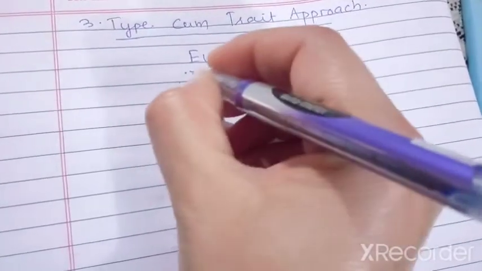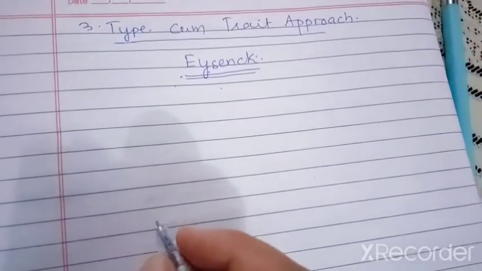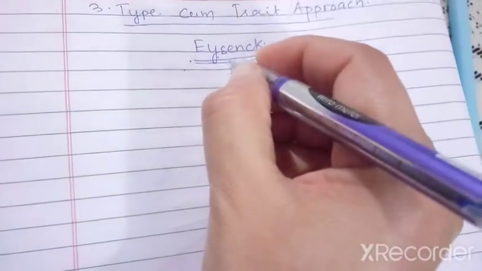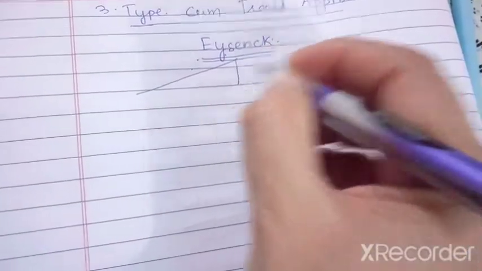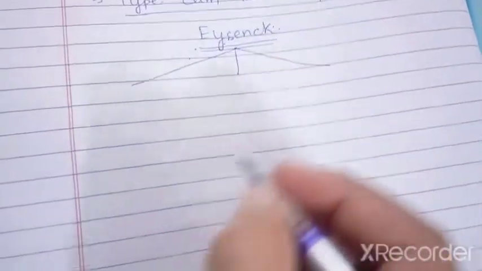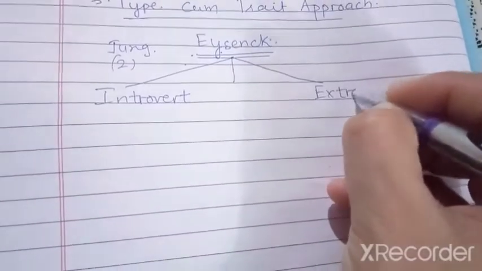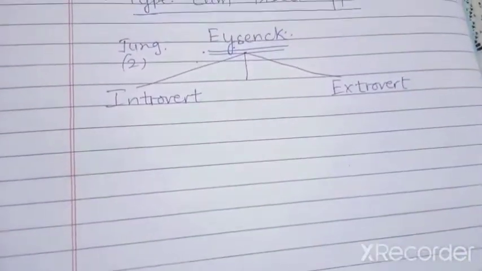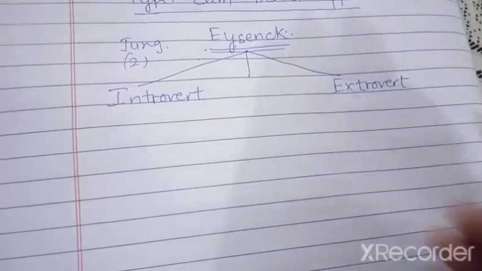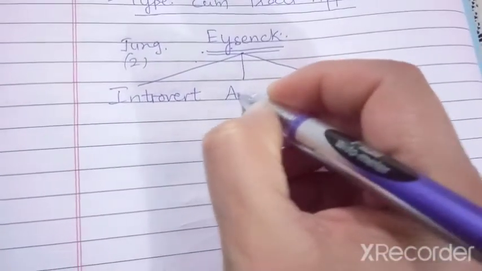Eysenck. Now, if you are able to recall the type approach that was given by Eysenck, basically he accepted the classification given by Jung, and Jung defined two types of personality, introvert and extrovert. And then he added one more in that.